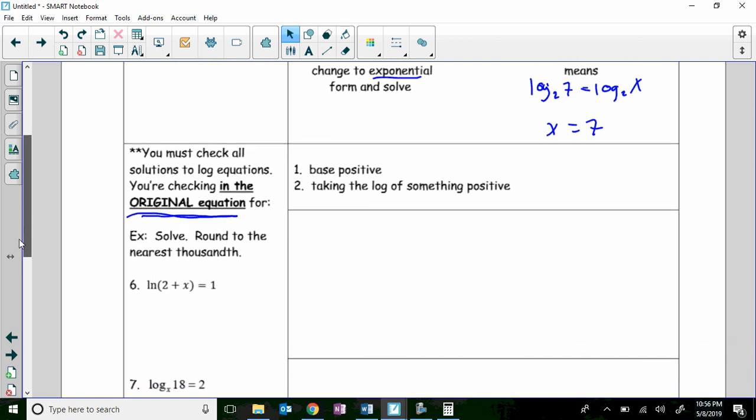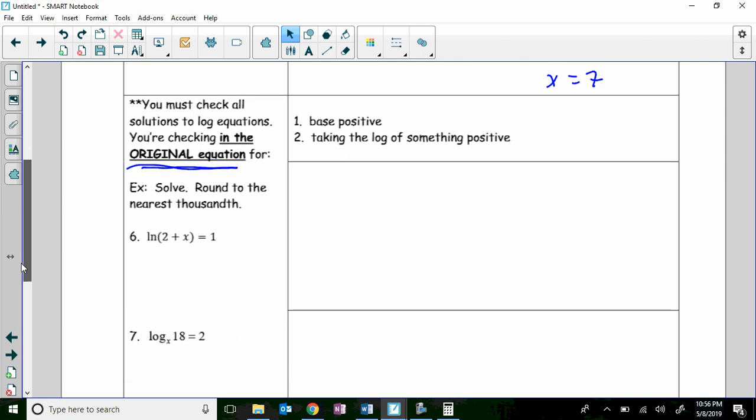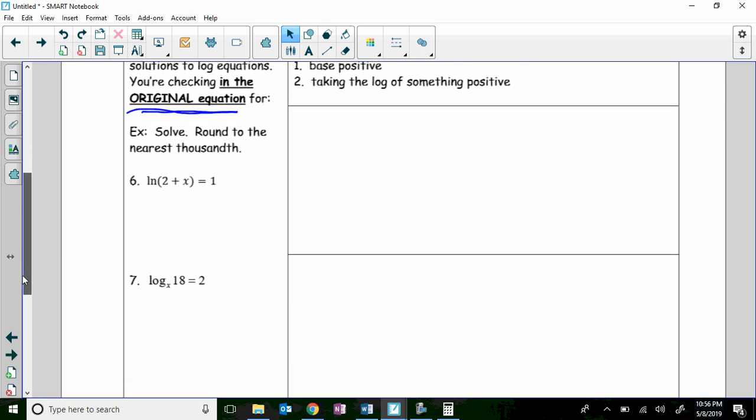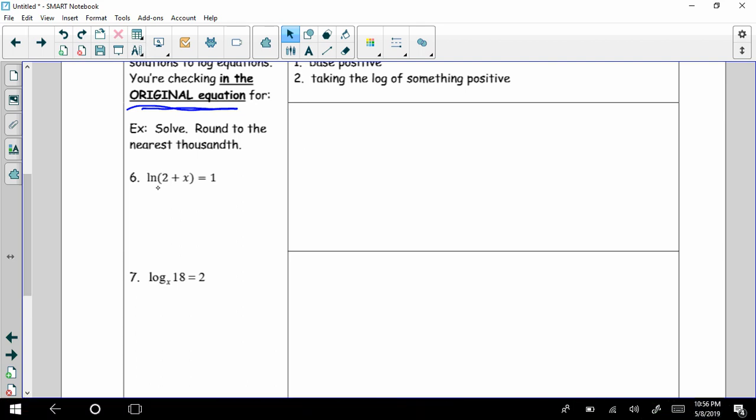Okay, so solving this and rounding to the nearest thousandth. So this would be like case 1. We have a log that is set equal to a number. So we're actually going to convert this to exponential form. So remember that the natural log is base e. So we have the natural log of 2 plus x is equal to 1.